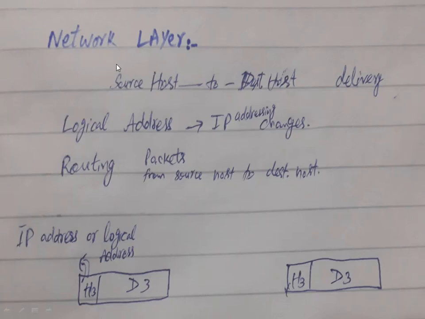The network layer can handle logical addresses that can be IP addresses. IP addresses change from time to time. And the main function of the network layer is routing. Packets from source host to destination host are sent at the network layer.